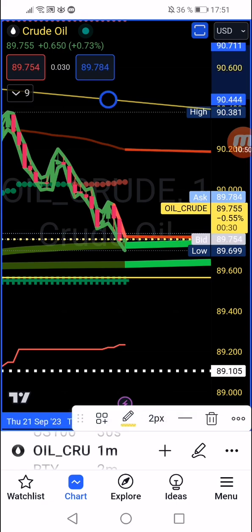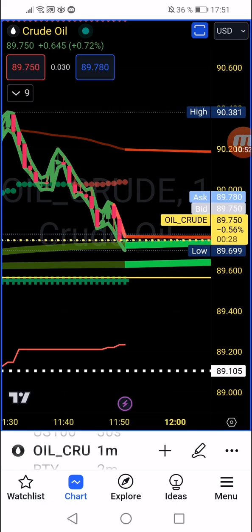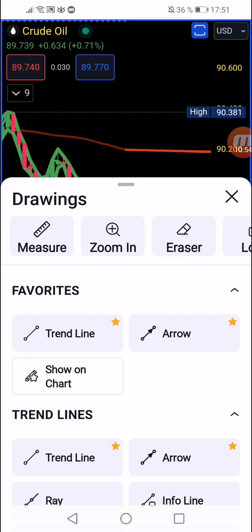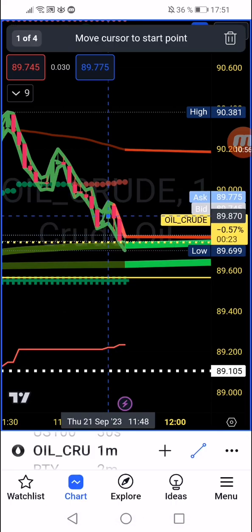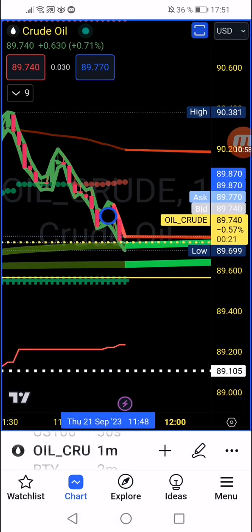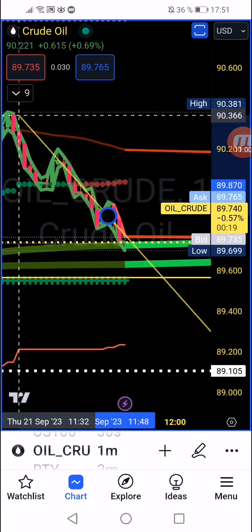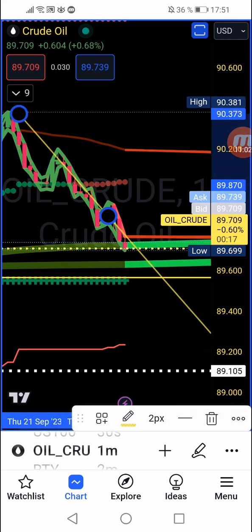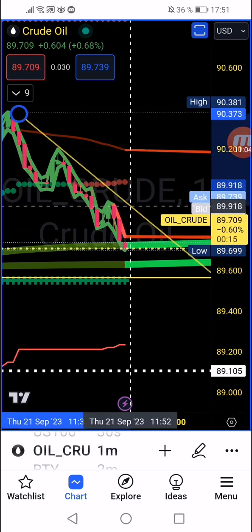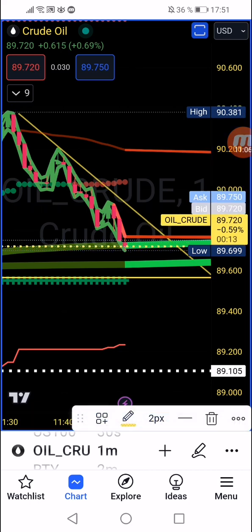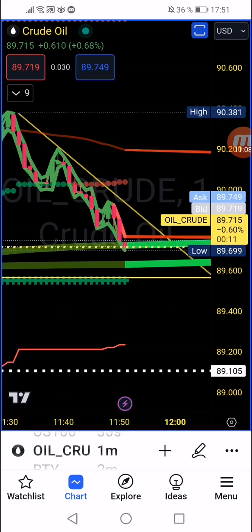So we need to wait. If the market is going above the trend line and only if both lines are green, we buy.